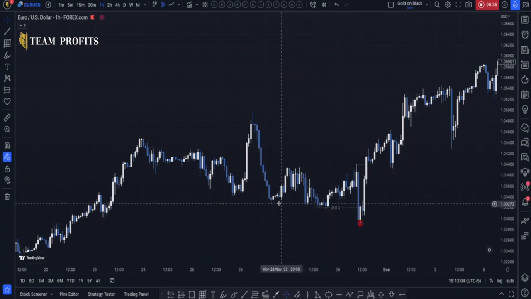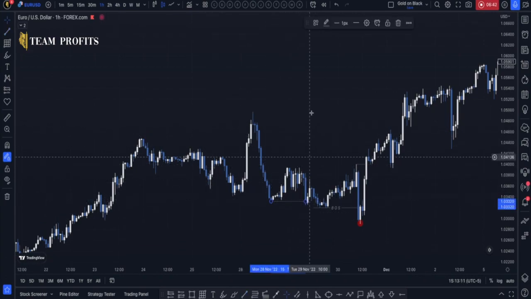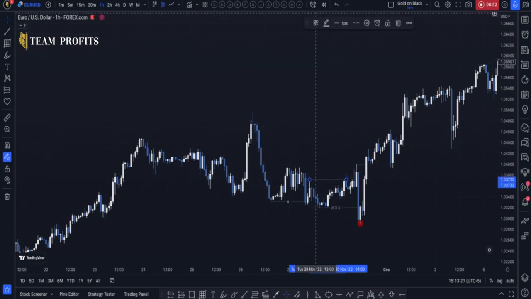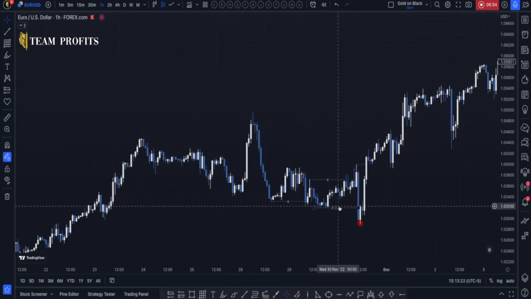Okay, this is an inducement right here. Price breaks to the downside, and price took this high right there. That confirms my BOS. It's a break of structure right there, and this would be my change of character.